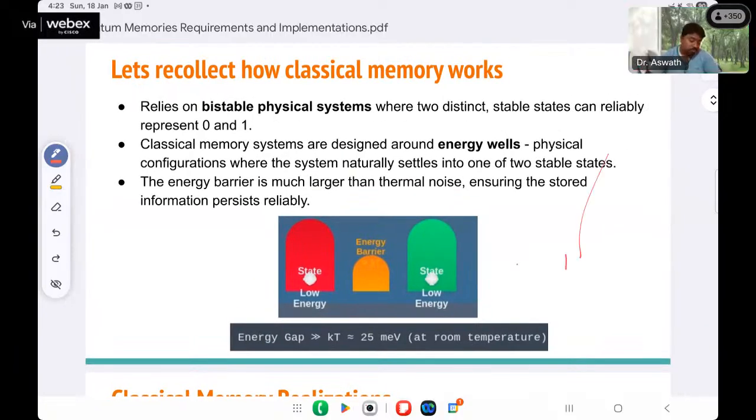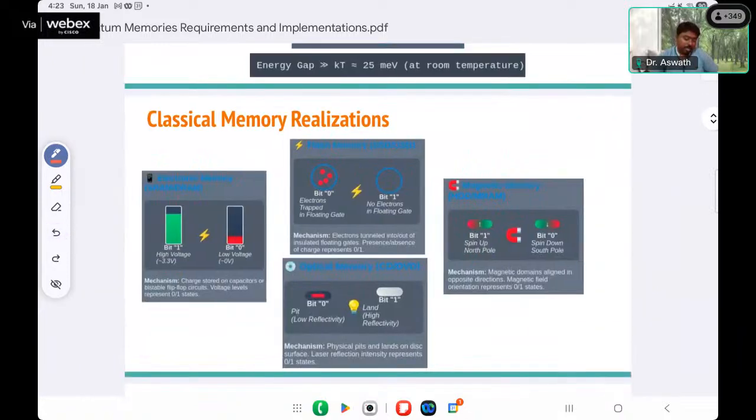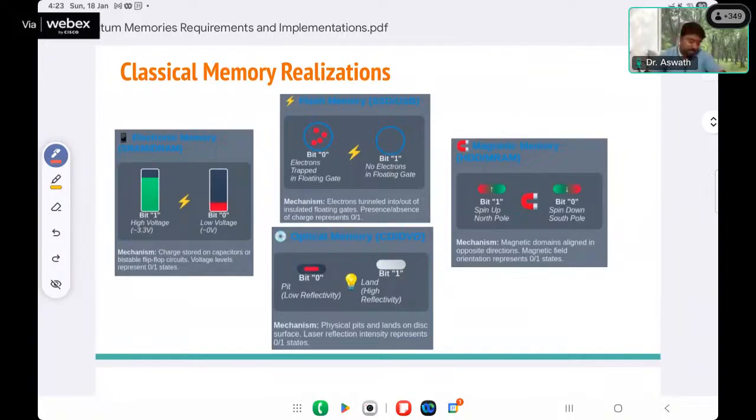When it comes to actual realization, here I have memory realizations. I can put the system in a high voltage state or a low voltage state, using a transistor. There are three nodes for a transistor.